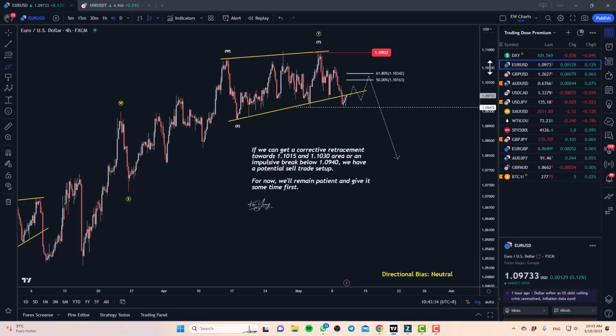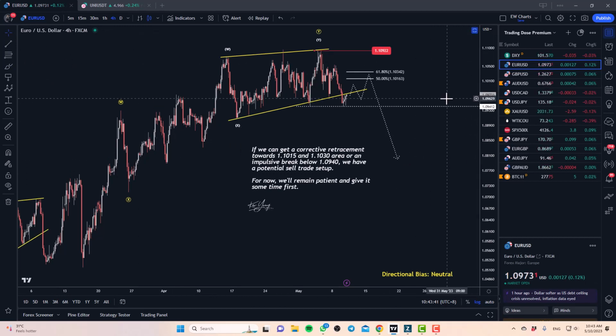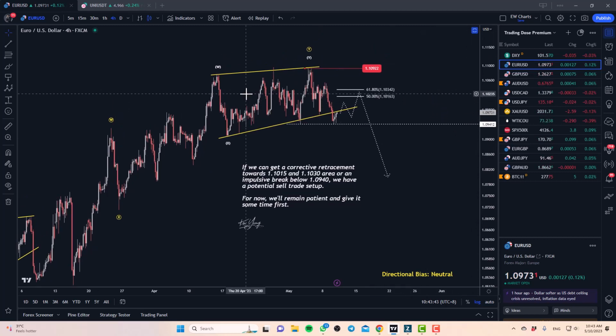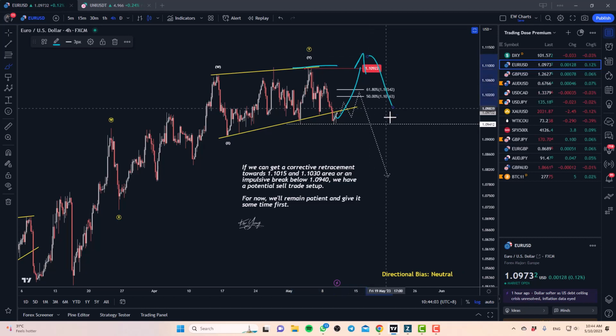Now, a little bit of a break from that correlation is the euro. From a technical pattern perspective, the dollar index and the euro dollar are showing us a very different picture. With euro dollar here, this pattern development seems to suggest that we may start to see a downside. Yes, this may even push up a little bit and break that high, but overall if you still see a rejection, it doesn't really change the entire picture.